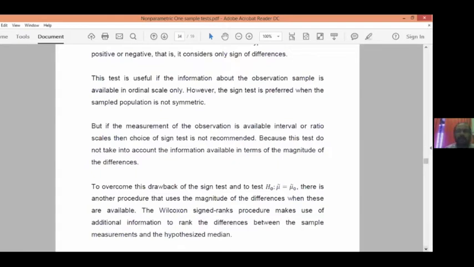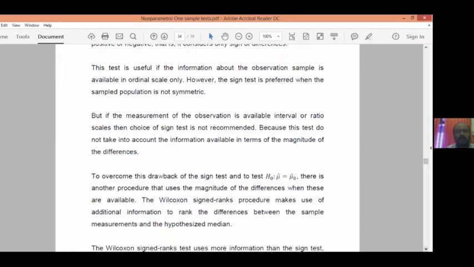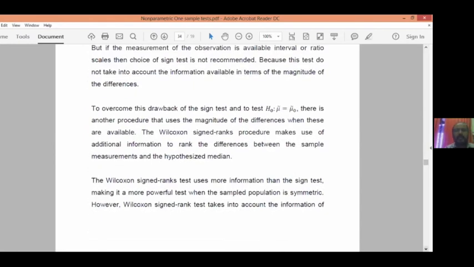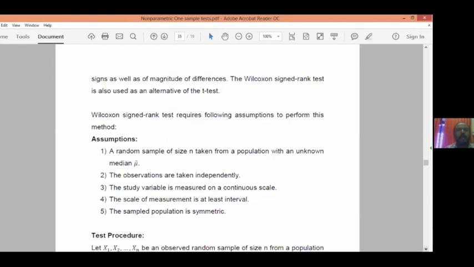The Wilcoxon sign rank test procedure makes use of additional information to rank the differences between the sample measurements and the hypothesized median. It uses more information than the sign test, making it a more powerful test when the sampled population is symmetric. It takes into account the information of signs as well as magnitude of differences. The Wilcoxon sign rank test is also used as an alternative to the t-test.